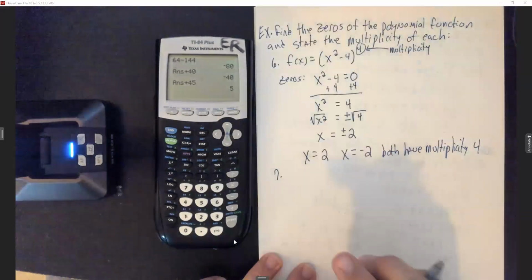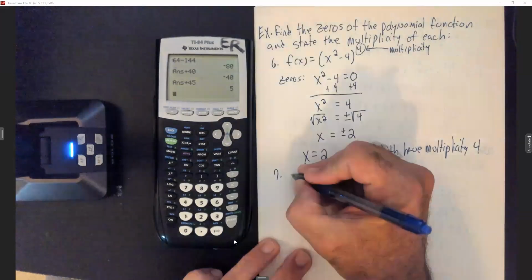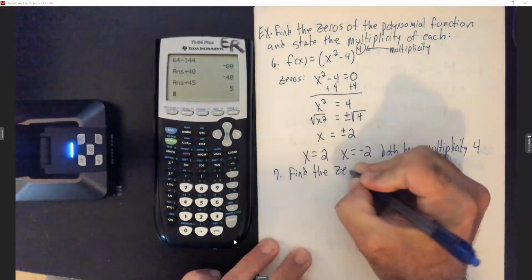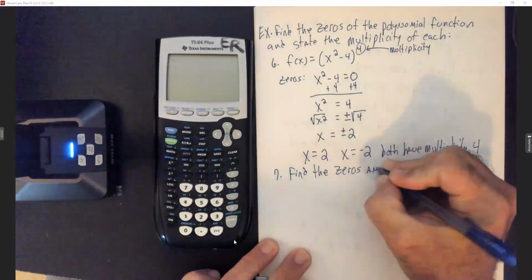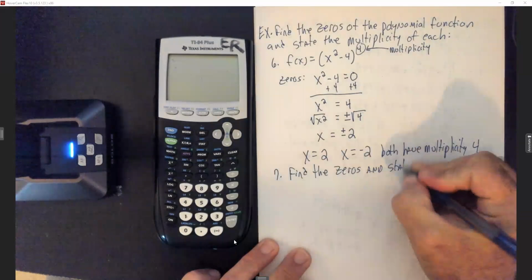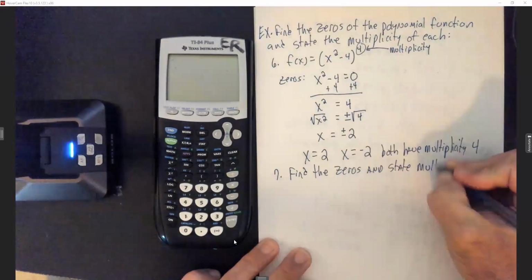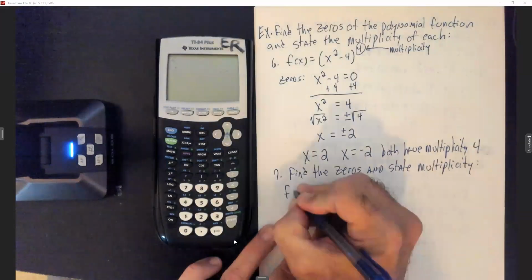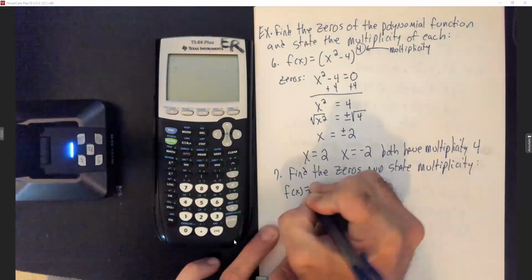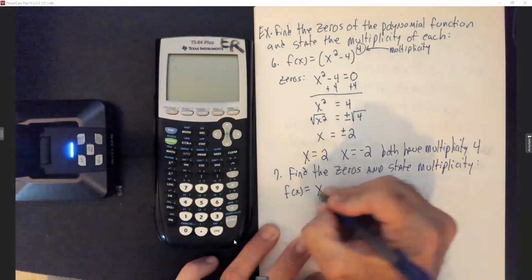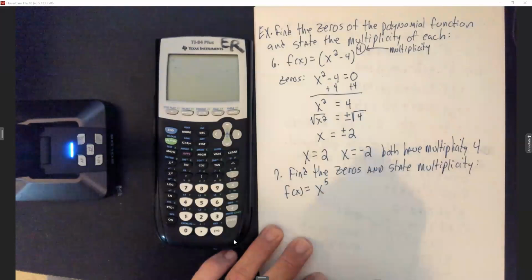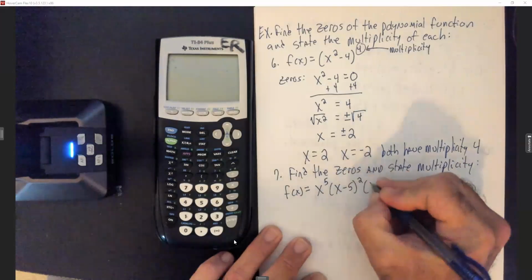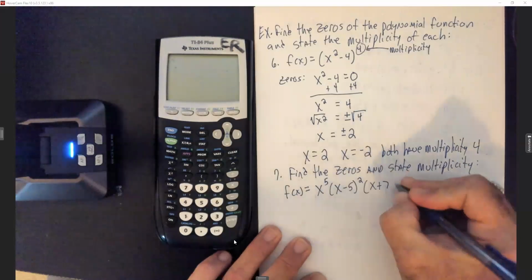All right, so same thing. We're going to find the zeros and state multiplicity. Now, this one sort of broke out. They got f of x equals x to the 5th, x minus 5 squared, and then x plus 7.